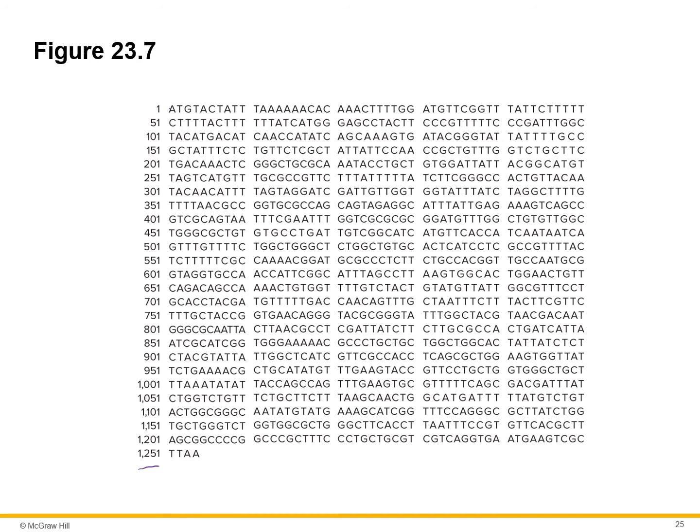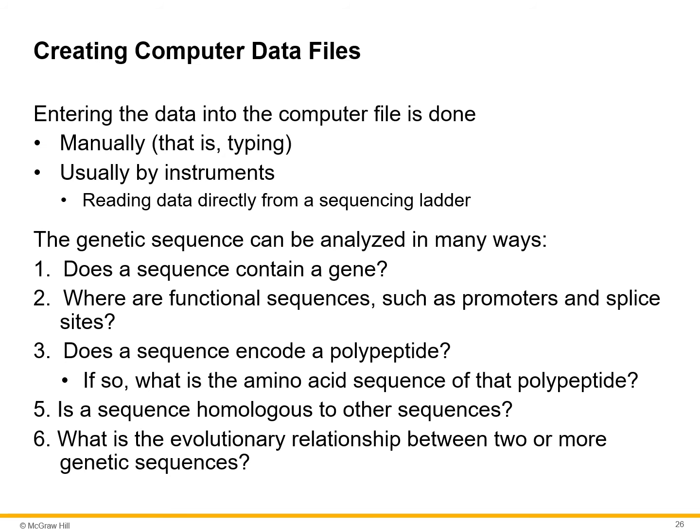So you can see it's pretty complicated. But there are databases that have all these known DNA sequences for many different genes, many different species, and if you have a new sequence and you want to say, what could this be, or what is this like? You can enter it and get information about that.